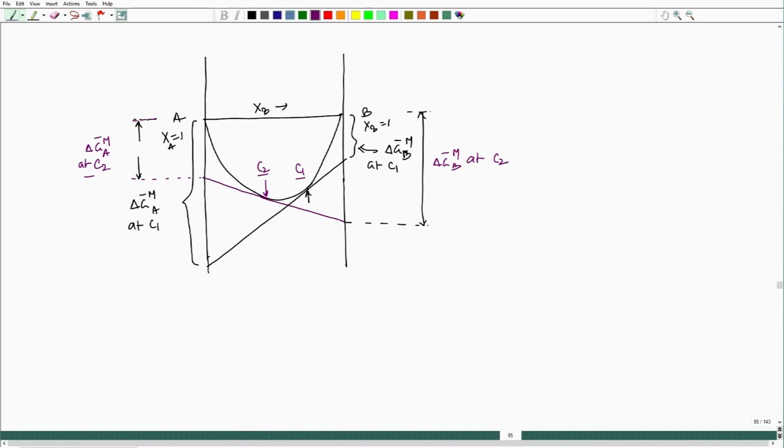Okay. So, like that way we can find out just by drawing the tangent what would be the values of those partial quantities. Okay. So, this is very important, remember.